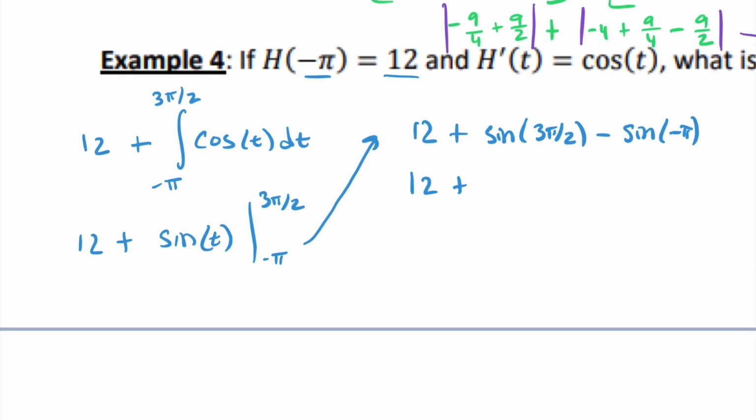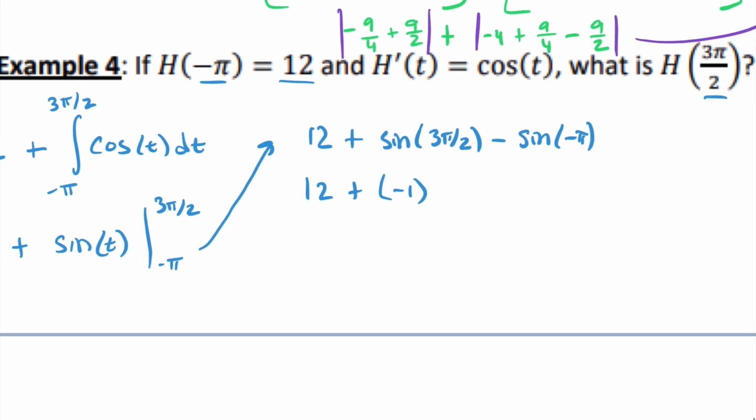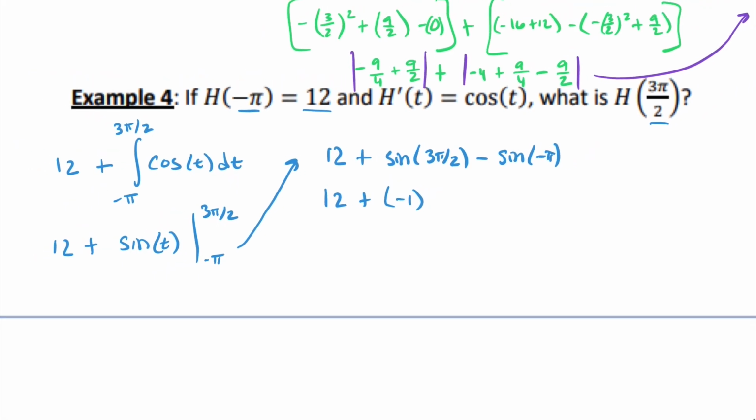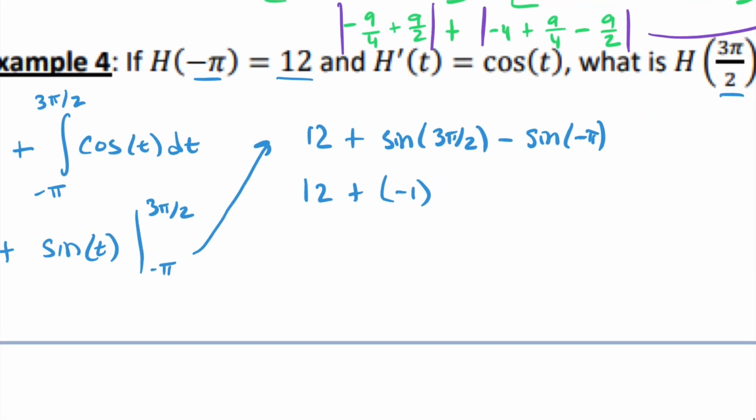Sine of 3 pi over 2 is negative 1. And then here we have minus 0. So our end result is 11.